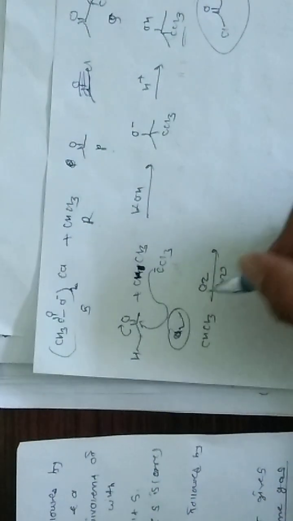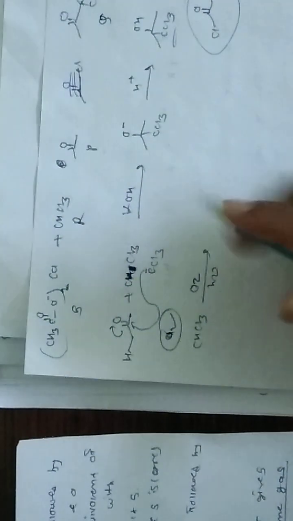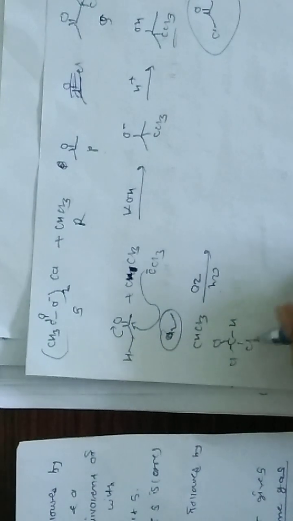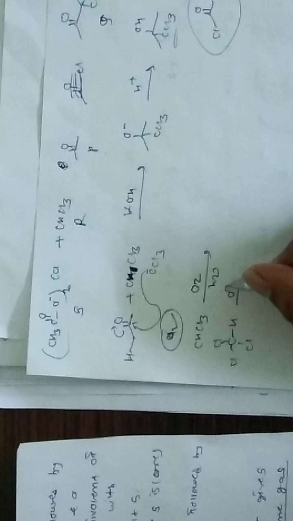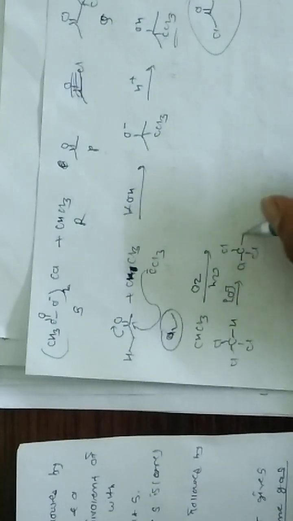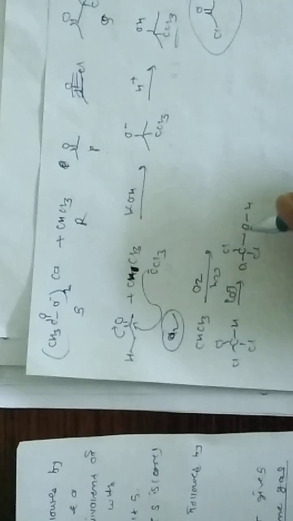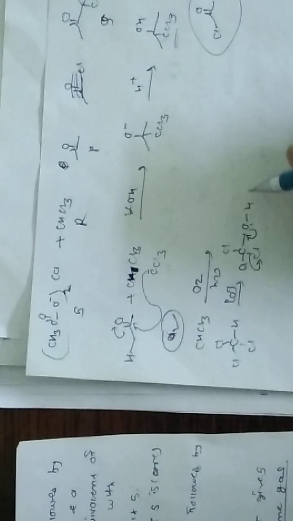So how will this happen? Here air oxidation is happening. One C-H bond is there, with Cl, Cl and Cl. Oxidation of that C-H bond will happen. Oxygen will come, only air oxidation will happen. So here OH. After that this lone pair will come out, and chlorine is a good leaving group.